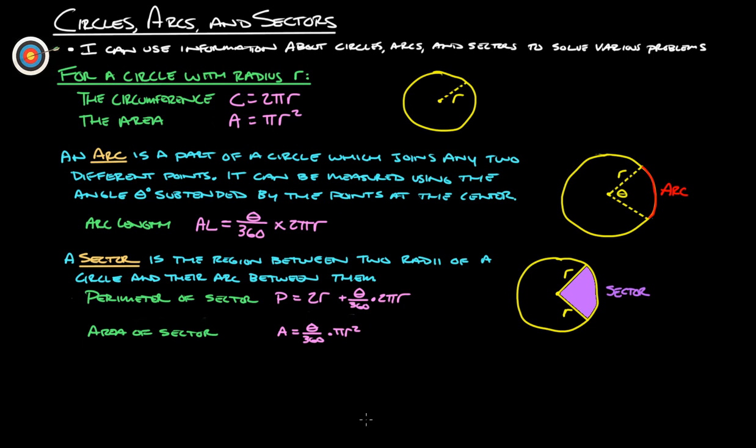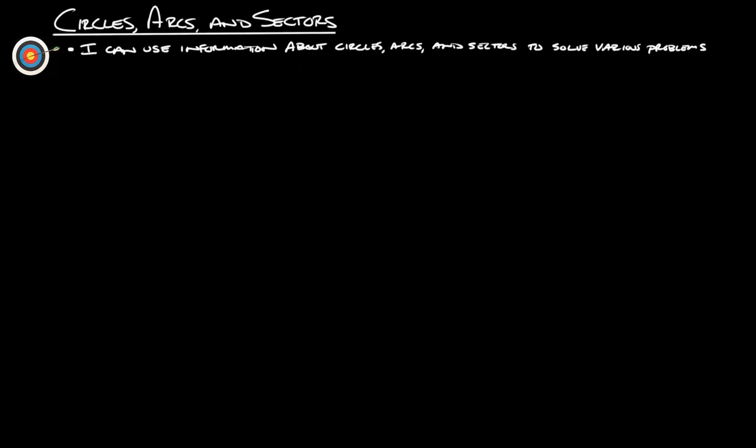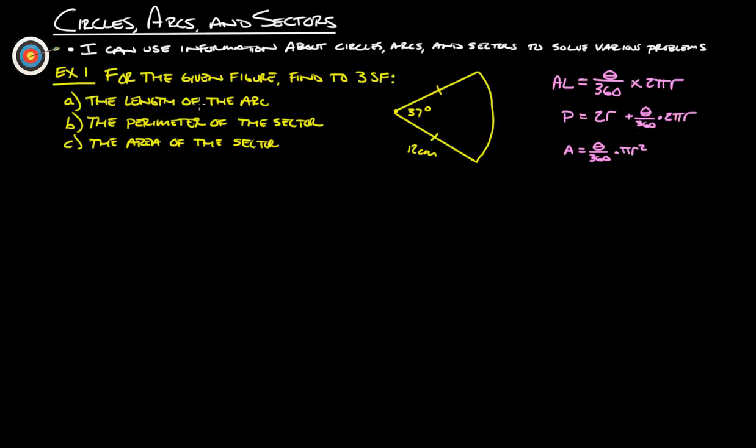Okay, so let's put some of these here into use. Example 1, for the given figure, find to 3 significant figures the length of the arc. Okay, so we're going to look for this length of the arc here. So here's our formula. So arc length is the AL right there.